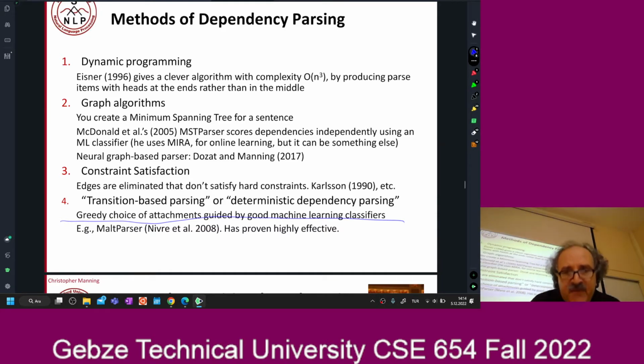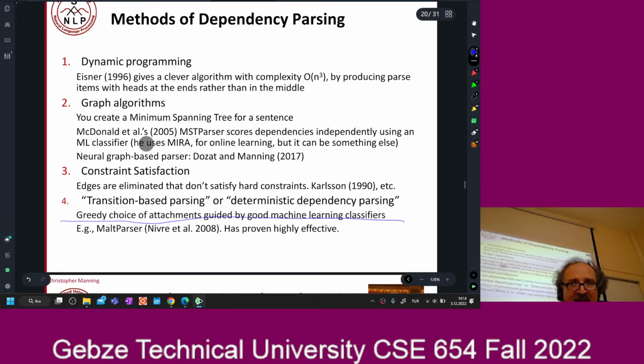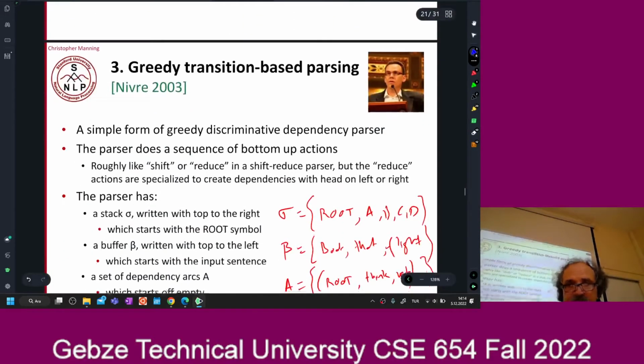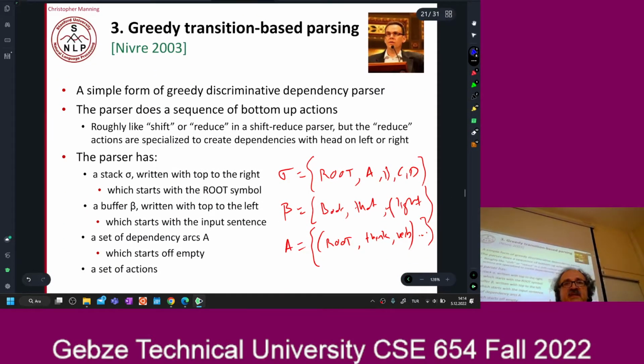Okay, we will find some good enough dependency trees if you follow a greedy structure in linear time. Today we are not going to look at most of these, but mostly this one, transition based parsing, or it's like a compiler type parsing. Okay, so this is a greedy transition based parsing.